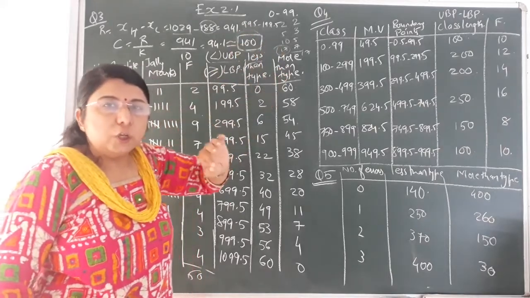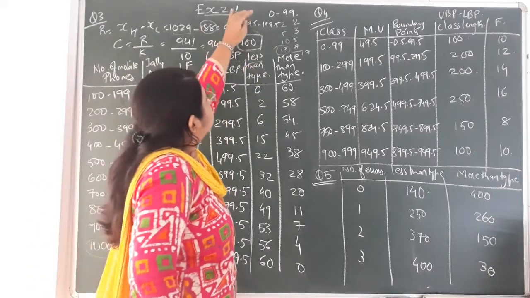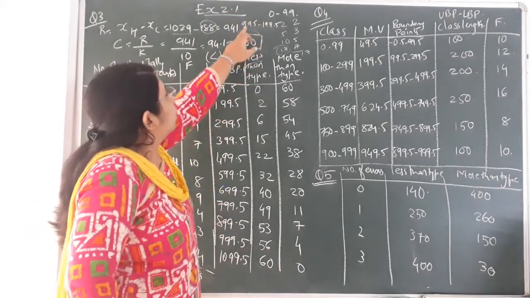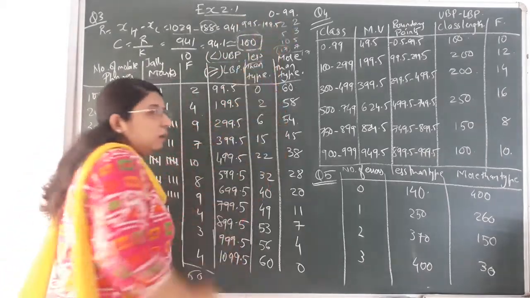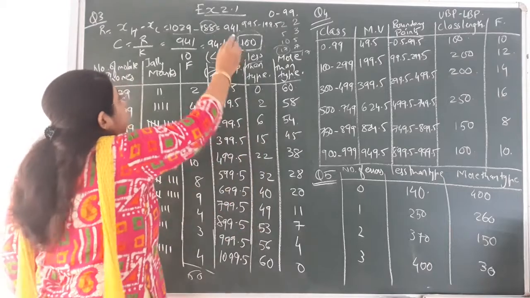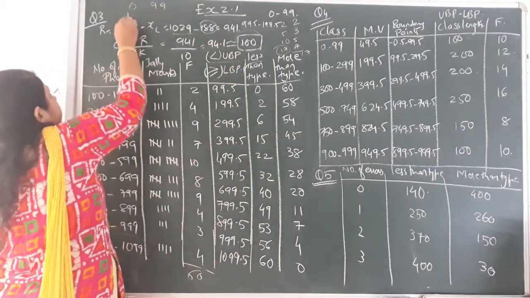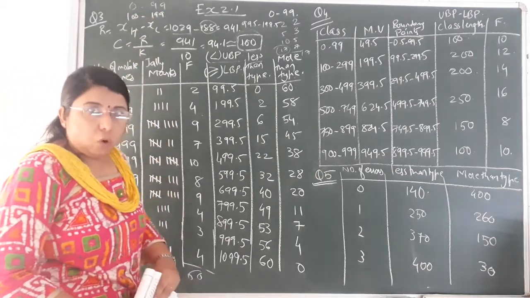So we have to include all that data, so we have to take the previous class of this class. It means for 99.5, what would be the upper class? The first class, that is 0 to 99, right? The first class would be 0 to 99, and the second class that has been found out is 100 to 199, and so on.